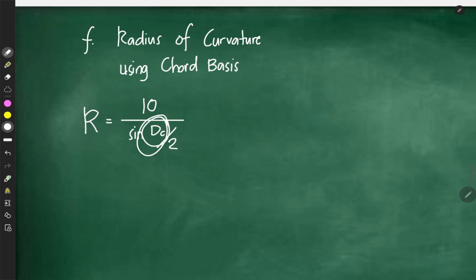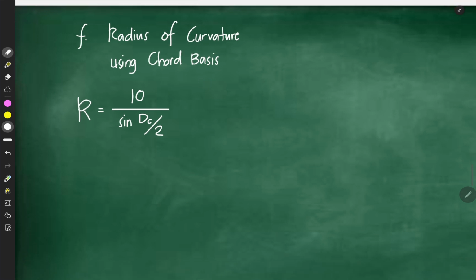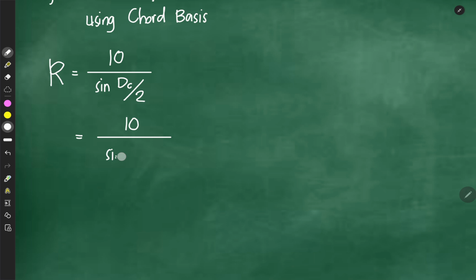Instead of the 6 degrees from earlier as our degree of curve, we use the degree of curve using chord basis. Substituting 6 degrees, R is 10 divided by sine of 6 degrees over 2.